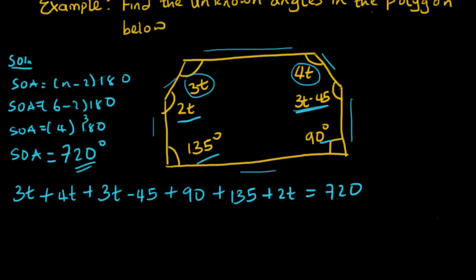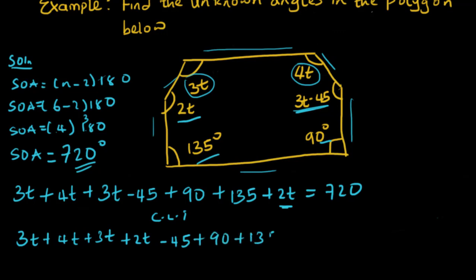Now we can collect like terms. We'll have 3t plus 4t plus 3t, and 2t joins the t's. Remember, 2t is not crossing the equal sign, it's still on the same side. What's the sign of 2t? Plus, so it remains plus 2t. The sign does not change. Then we have minus 45 plus 90 plus 135 equals 720.